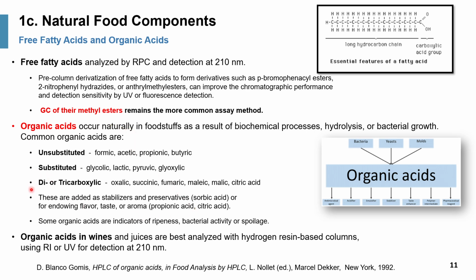Organic acid is much responsible for the organoleptic property of foodstuffs such as wine, and there are different types of organic acids shown here, and we will show an example on the assay of organic acids in wines.